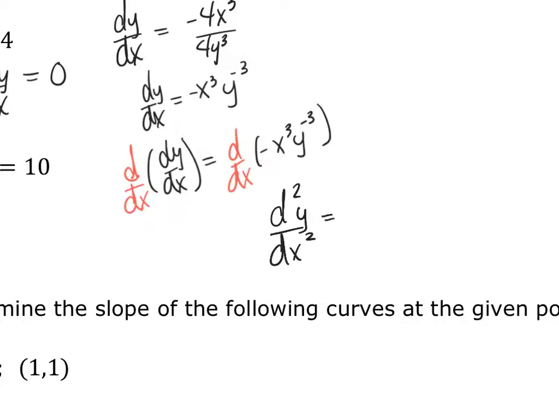The right-hand side is just going to be negative 3x squared y to the negative 3. So I did the derivative of x cubed first.